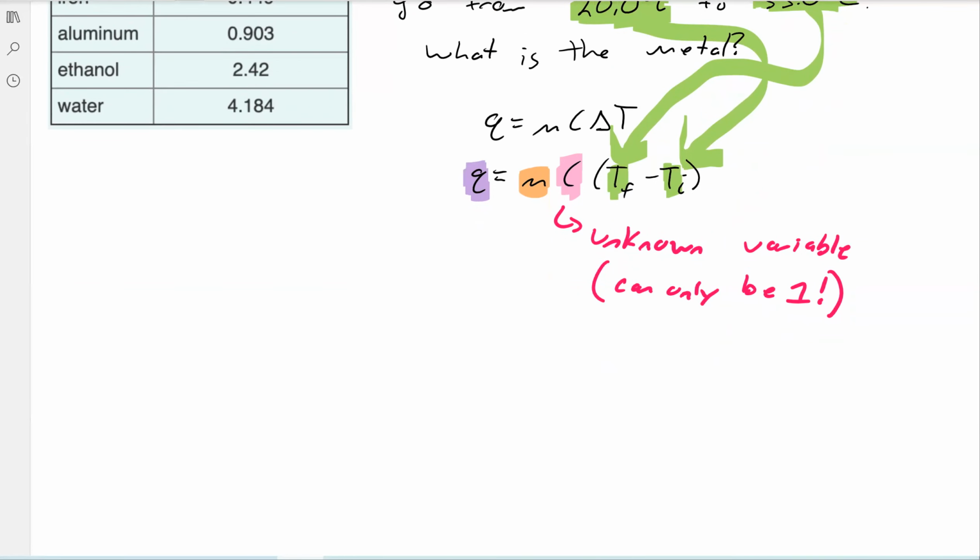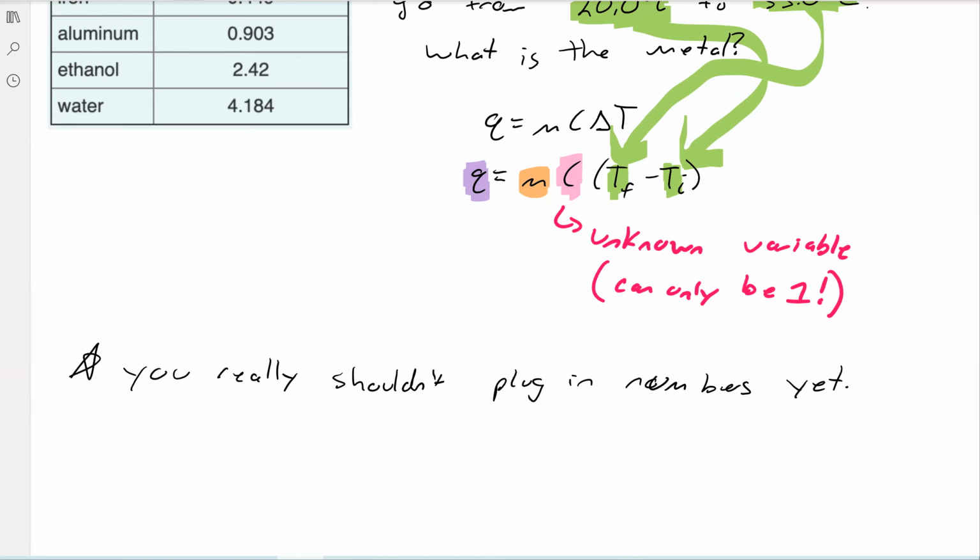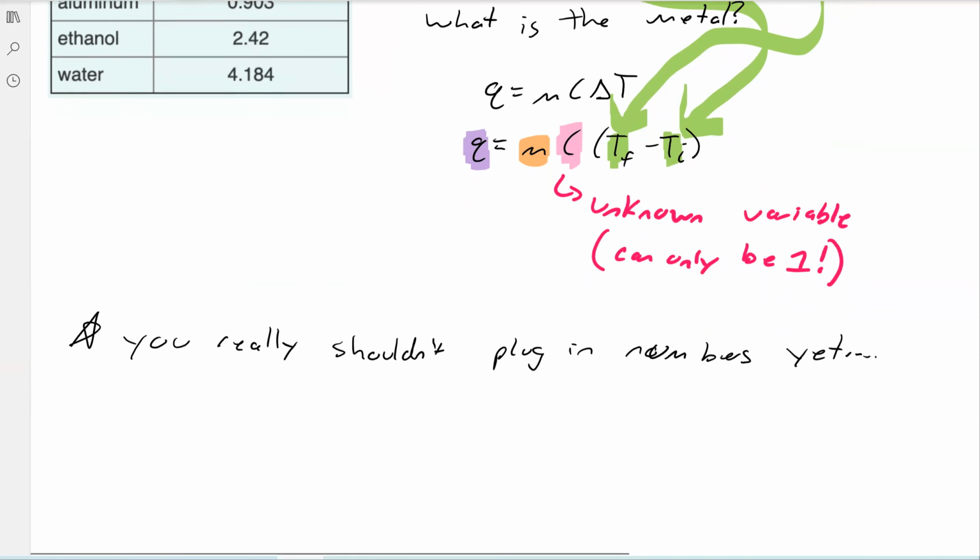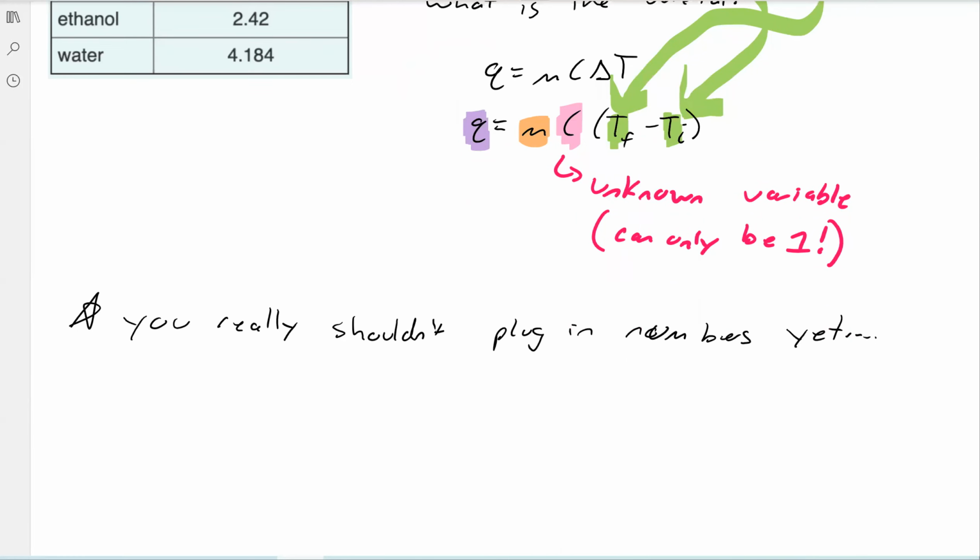That's generally not the best methodology to use. You really shouldn't plug in numbers yet. What you should do before you plug in the numbers is isolate for your unknown variable.